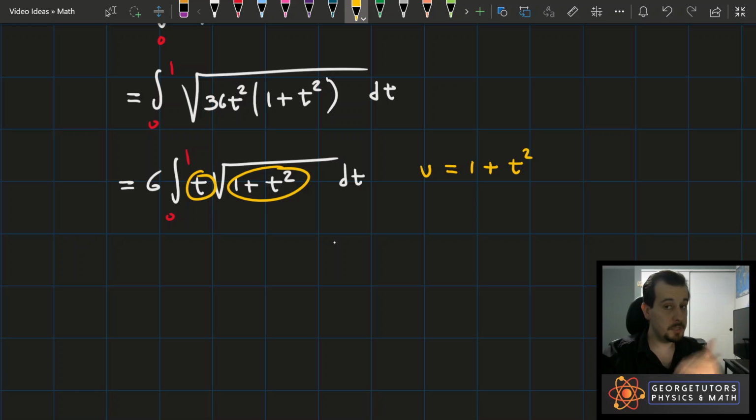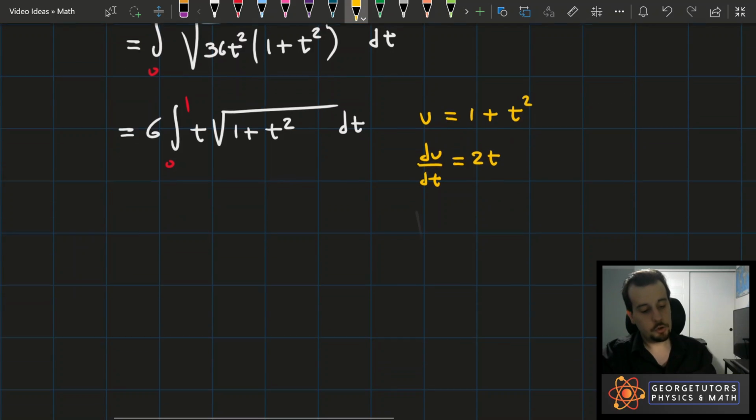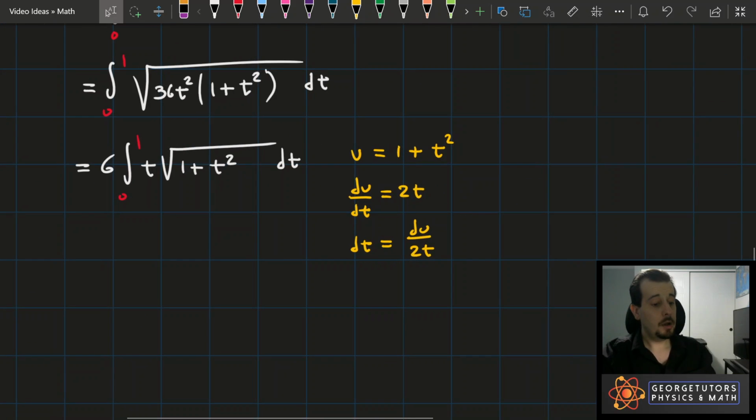So we know u sub is going to be perfect for this scenario. We take the derivative of this with respect to t, and we get simply 2t. So if we want to replace the dt, we will have to do du over 2t. Now, while I'm at it, I'll also replace the bounds, so I do everything in one shot with the integral.